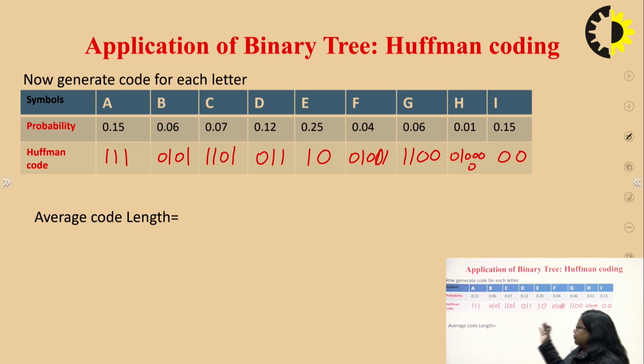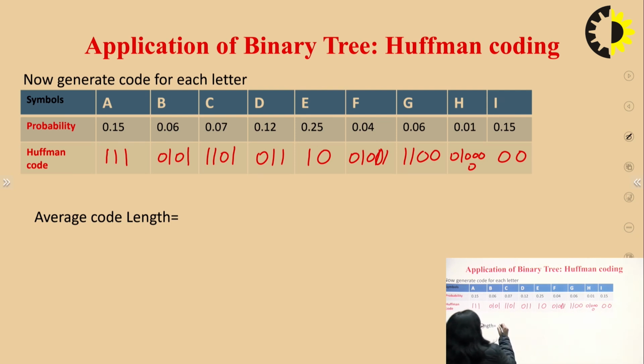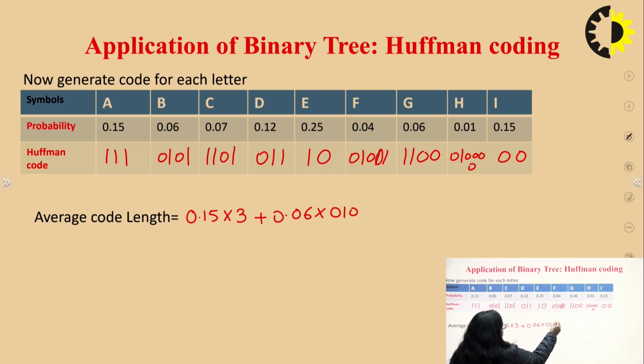This is the way we convert the probabilities. Now, for the average code length, we multiply the probability with the number of characters. It is 3 plus 0.06 into 0101.